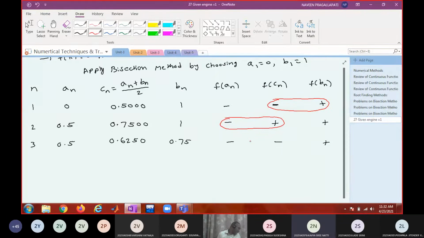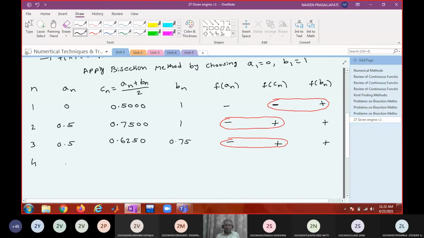Sir, I got it as positive. Is it positive or negative? Please double check. That's why I said you have to be very careful. Positive? Shall I fix it as positive? Yes, sir. In that case, I have to select the left half interval.